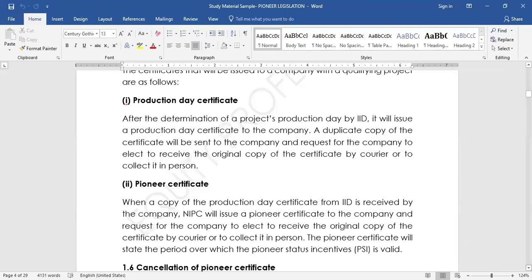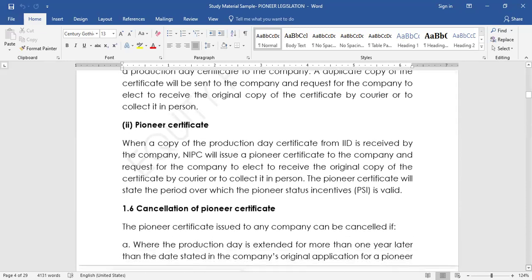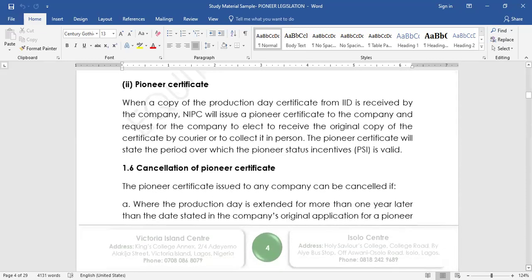Now, let's look at cancellation of pioneer certificate. What are the conditions that may lead to cancellation of pioneer certificates? What will make NIPC cancel the pioneer certificate given to you as a company? Number 1, when the production day is extended for more than 1 year.